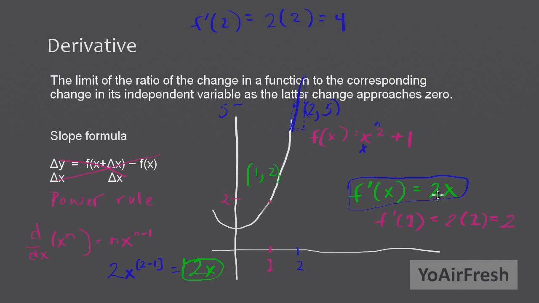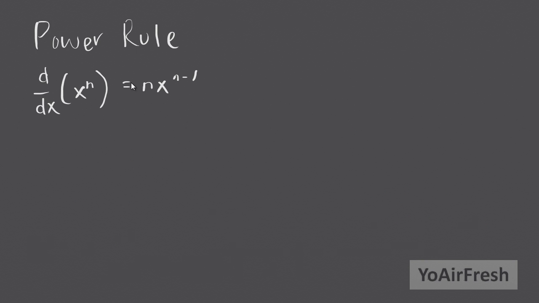So let's do several more examples. I'm going to clear this screen here. Okay, nice clear screen. Just to recap the power rule, the derivative of x to the power of a number equals that number times x to the n minus 1 power.